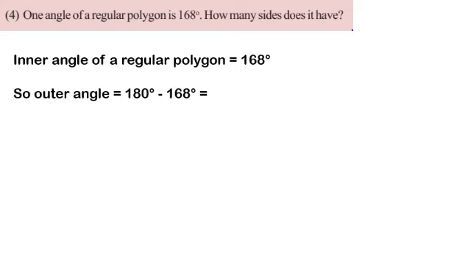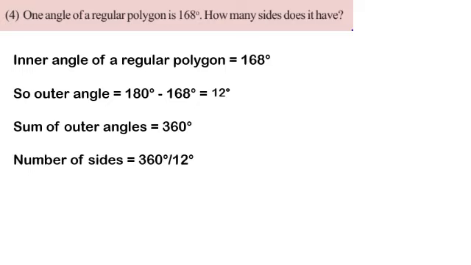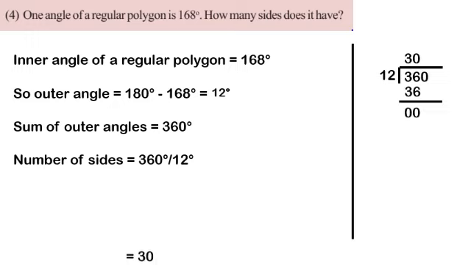So outer angle equal to 180 degree minus 168 degree. We get 12 degree. We know the sum of outer angles equal to 360 degree. When we divide the sum of outer angles by an outer angle, we will get the number of sides, right? So let us write number of sides equal to 360 by 12. We get 30. So the number of sides equal to 30.